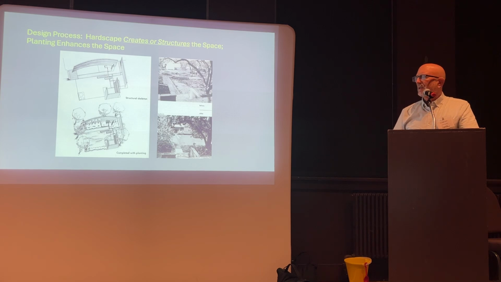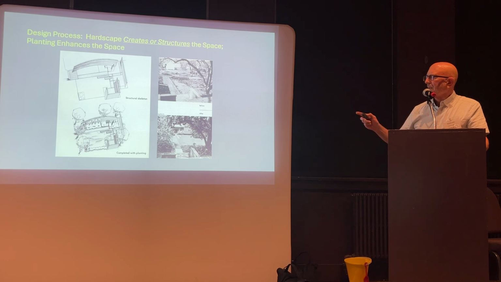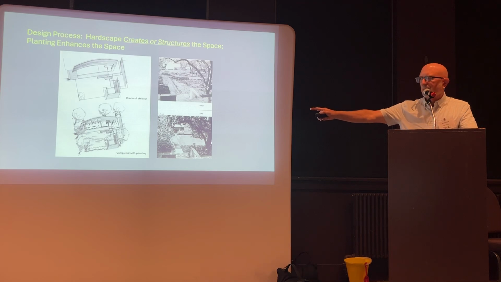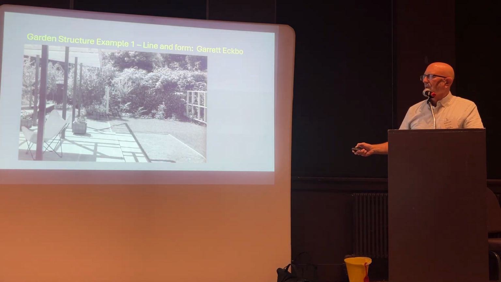So basically, if your hardscape is defining the space, the plants can only enhance it. Now obviously, plants can also be used to define a space in the absence of any hardscape, and I'll talk about that a little bit in the few minutes remaining. But he has pictures of the before conditions, and the after condition on the bottom matches the sketch on the left. Here's one of the resulting gardens that he did.